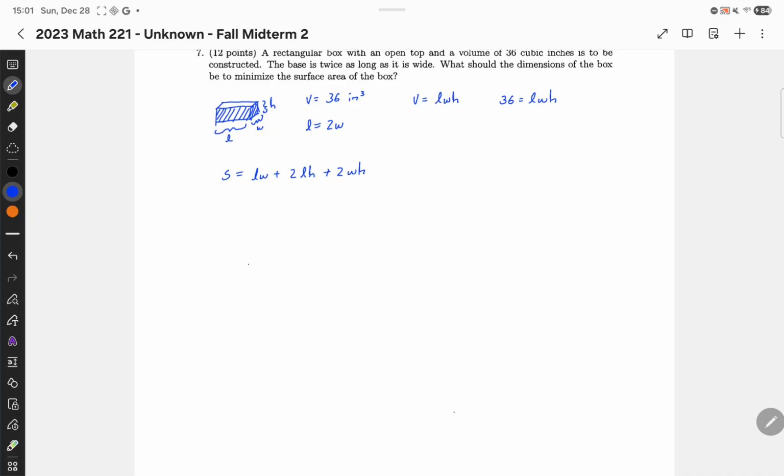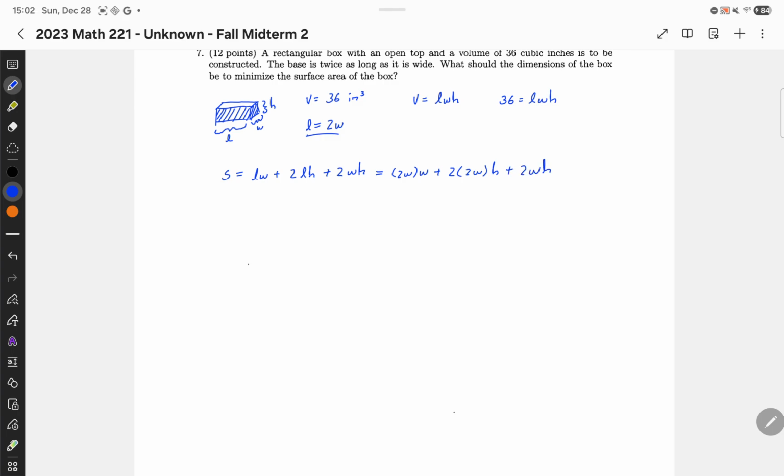And so the first thing we're going to want to do is substitute this L equals 2W equation in. So S is going to be equal to L times W. Nope, I'm sorry. We can actually substitute it in right here. So L turns into 2W times W plus 2 times L is 2W times H plus 2WH.